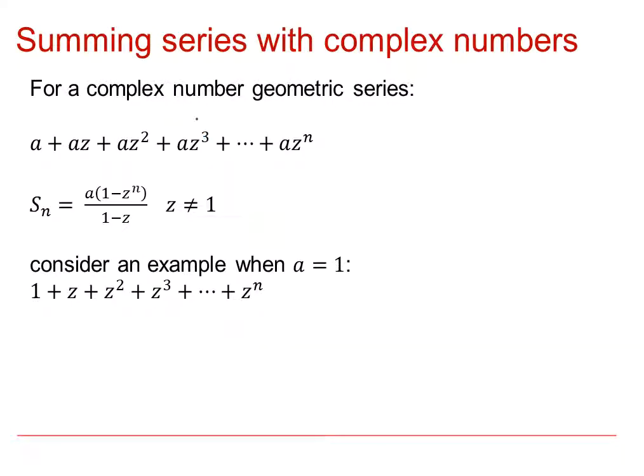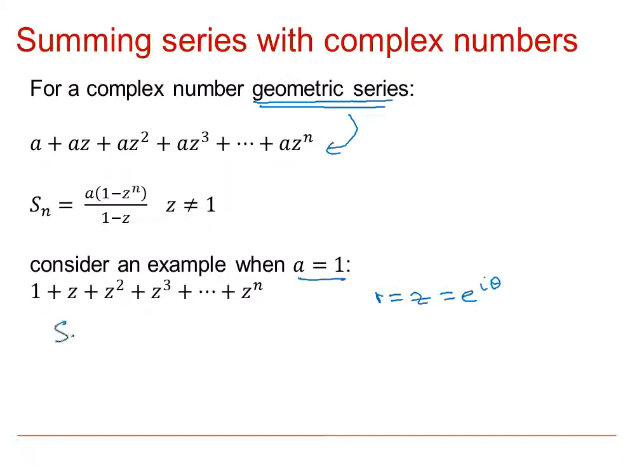Now if we look at summing series with complex numbers, here we have a complex number geometric series, and we're going to look at the sum of this series. If we consider the example here, a is 1, so we'll look at 1 plus z plus z squared plus z cubed, etc. So a is 1. The common ratio is z itself, which can be written in exponential form as e to the i theta.